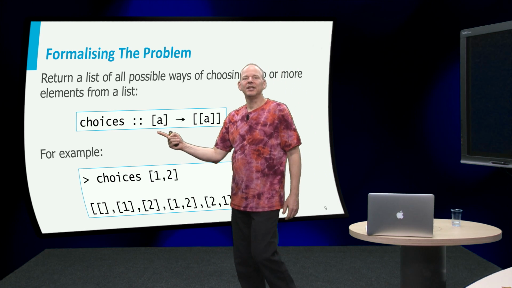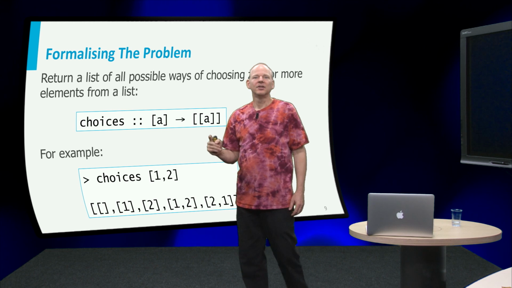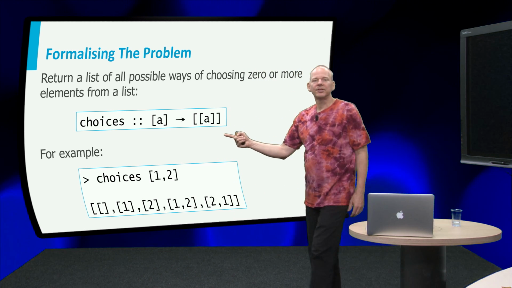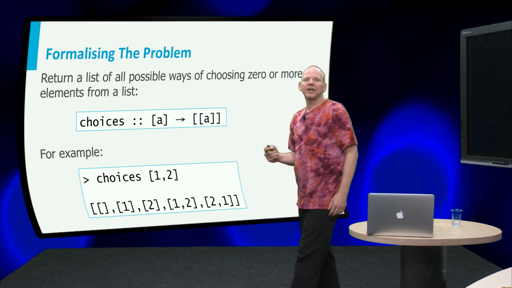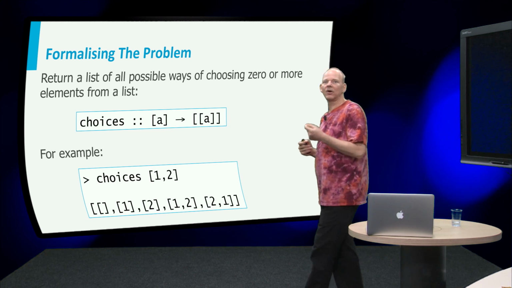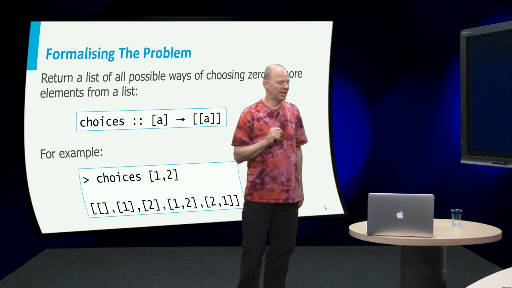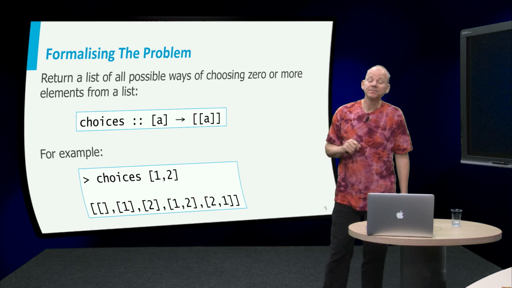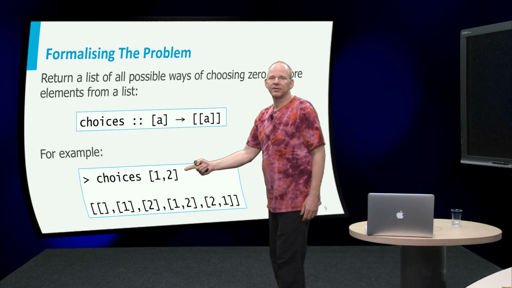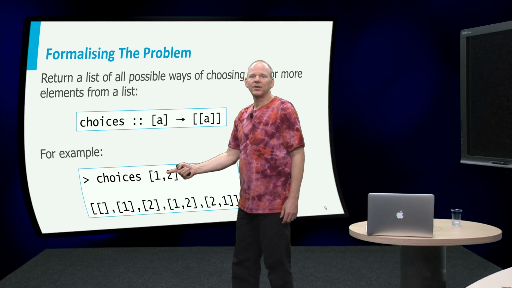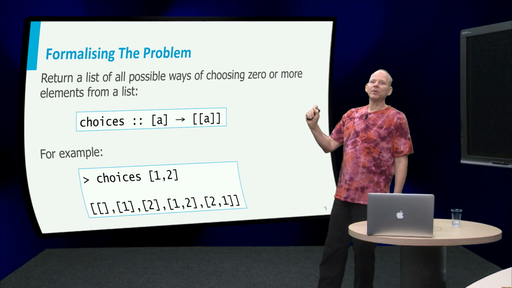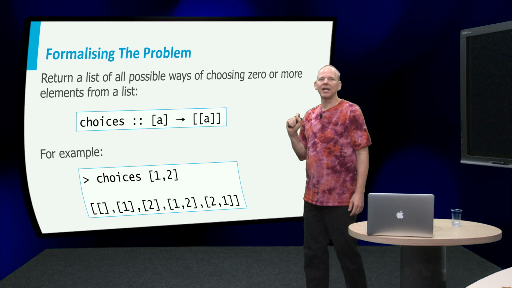The first function that we're going to use is choices. Choices takes a list of values of type A and returns a list of lists that gives you all possible ways of choosing 0 or more elements from this input list. It's not as complicated as it sounds. Let's look at a concrete example. If I want to have all the choices of the list 1, 2, these are all the possible ways of choosing 0 or more elements from that list.